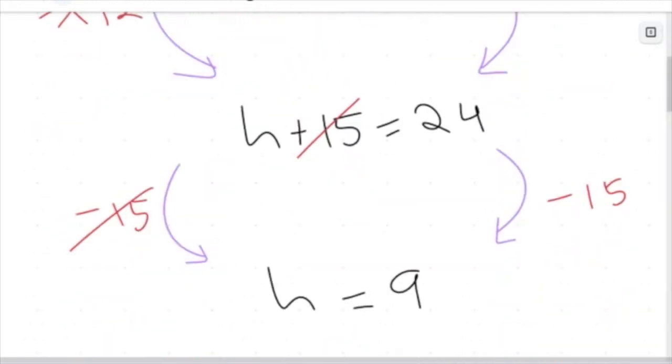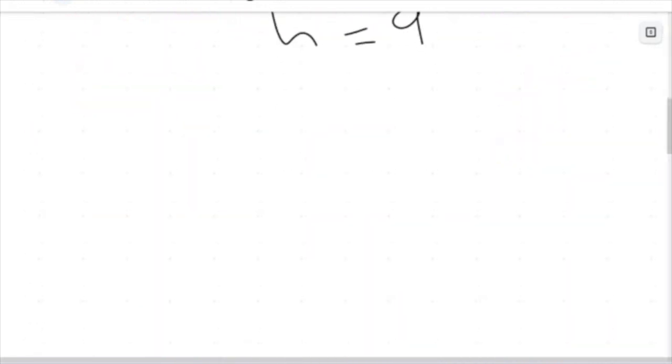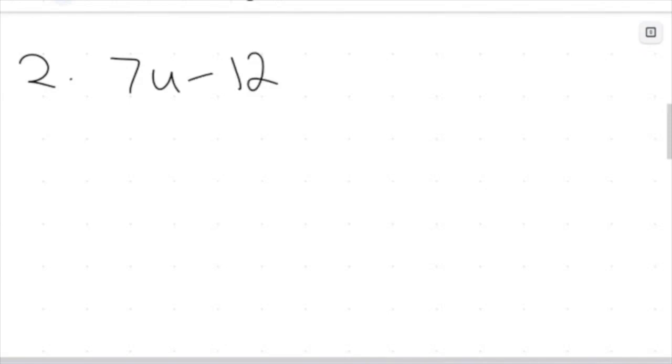So let's try another question, and we'll hopefully start to get the hang of solving these types of questions. Now, question 2, we are going to find 7u minus 12 divided by 9 gives me 1.